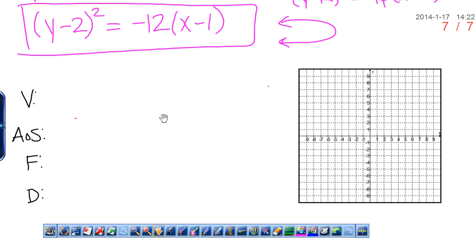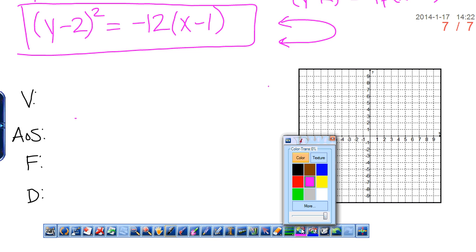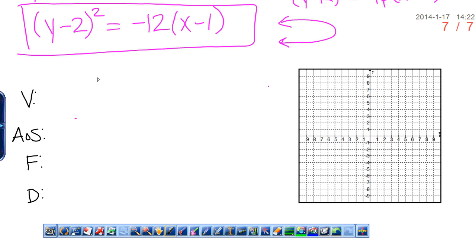All right, let's talk about it. Your vertex is located where? 1, 2. Which means your axis of symmetry is y = 2. If negative 12 is equal to 4p, p is, and that negative just means we're going to go inside of my parabola, inside here.